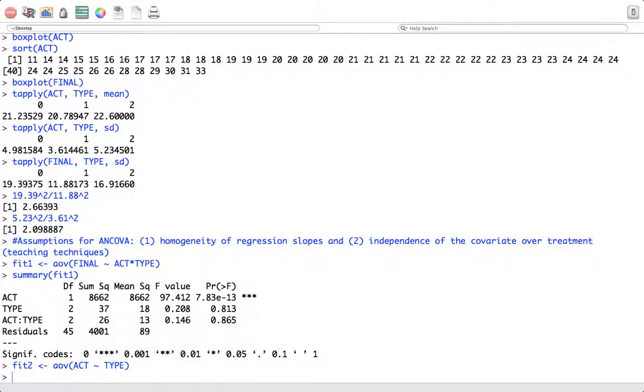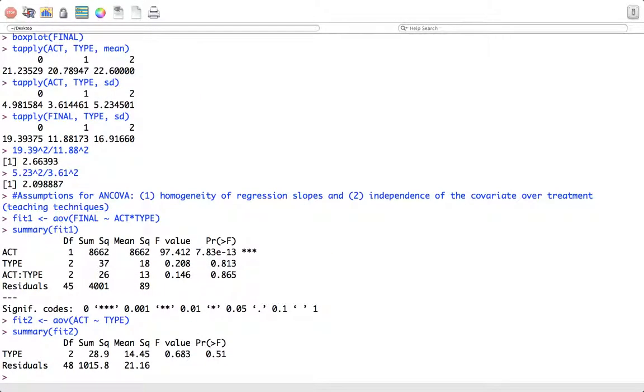Now again, I'm hoping that we don't have statistical significance, because if I do, I violate that assumption. And you can see that we have a p-value of 0.51, telling you that the means across instruction level for our covariate ACT are not statistically significant. So there's no violation of the independence of the covariate over our treatment.